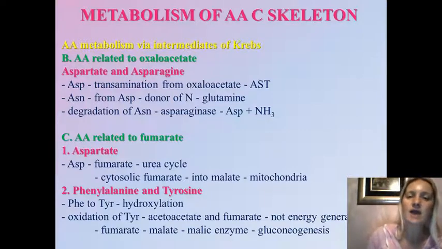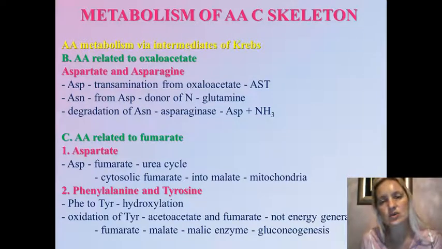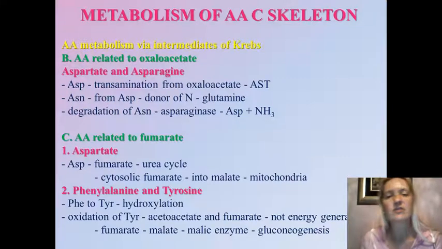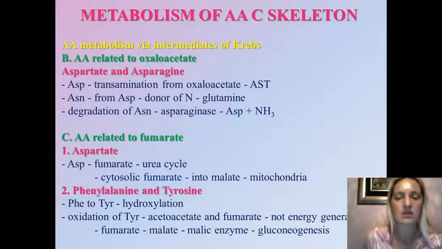So here we have the amino acids which can act as both glucogenic and ketogenic, because they form intermediates of the Krebs cycle and ketone bodies. But be careful, these are not energy generating processes.